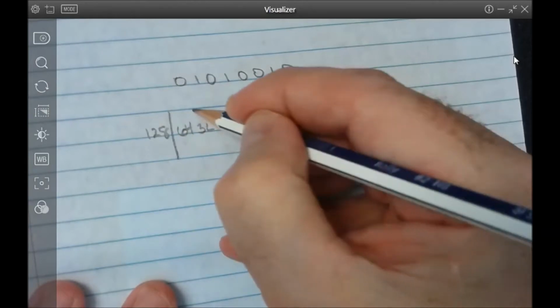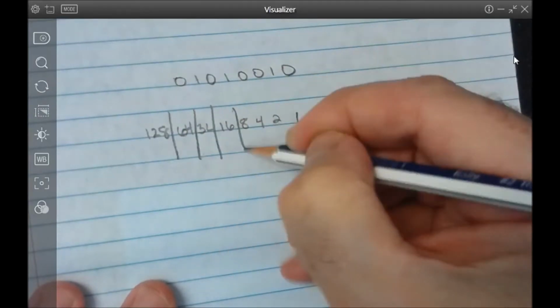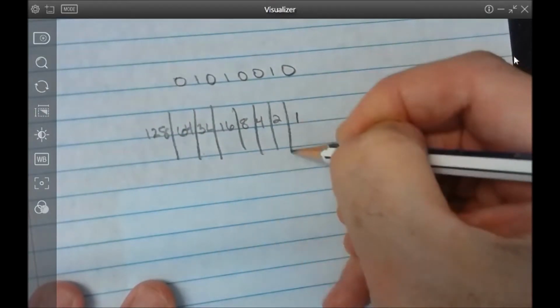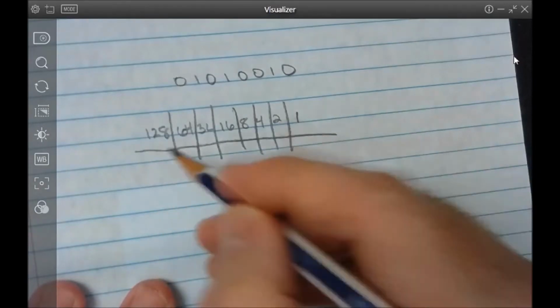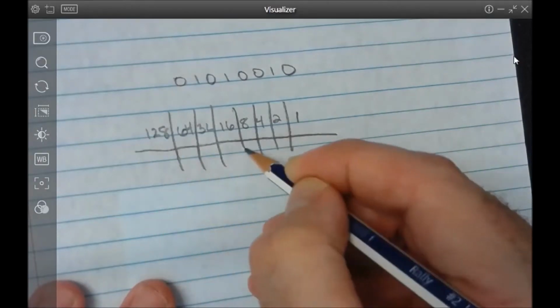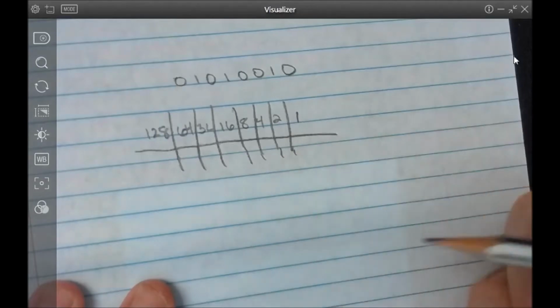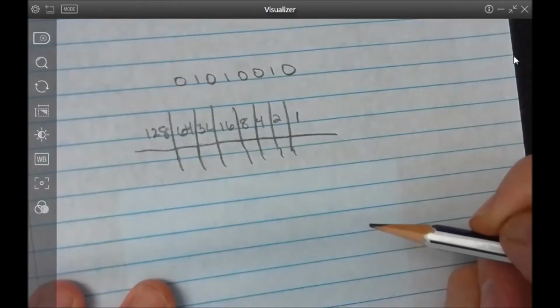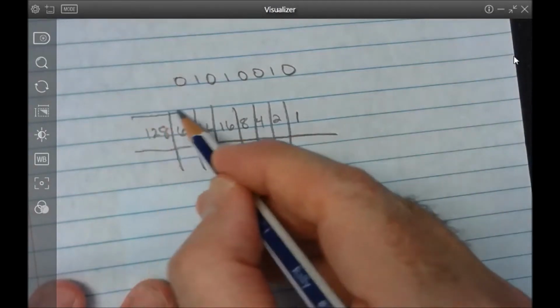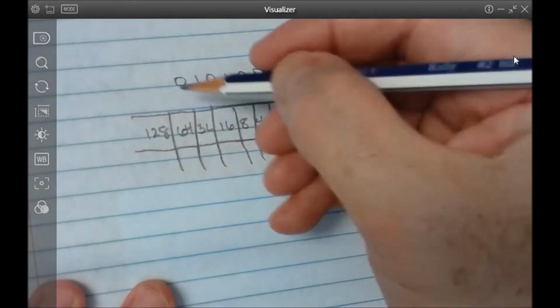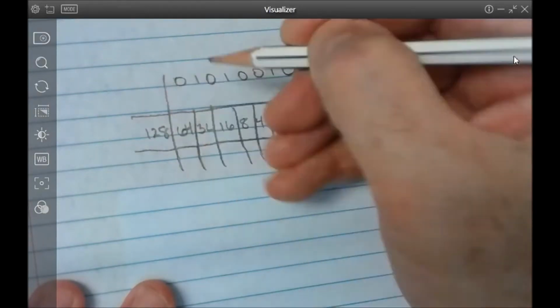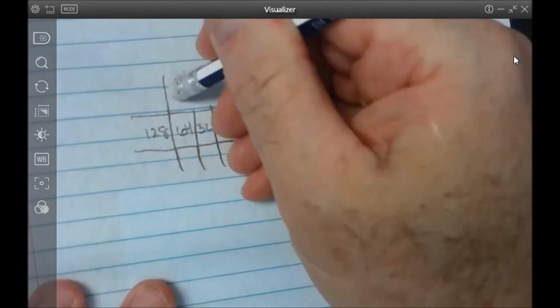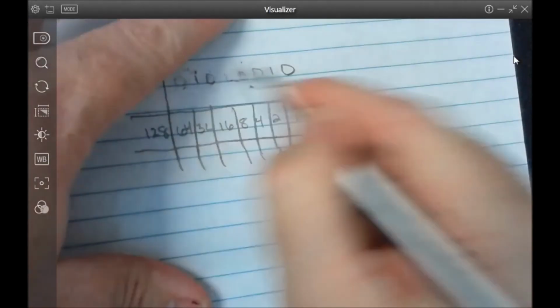I'm going to draw a little box around these so that we can see how that would work. This would actually be better if I rewrote it, so I'm going to do so now.